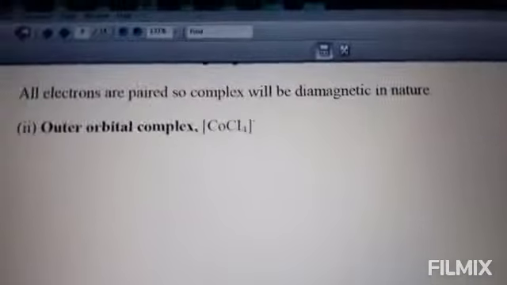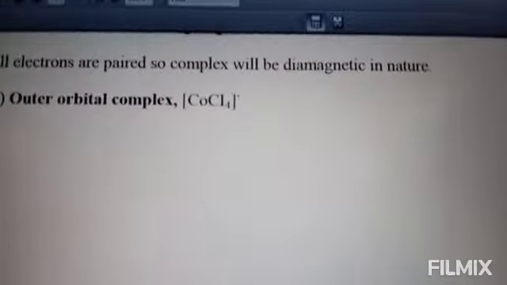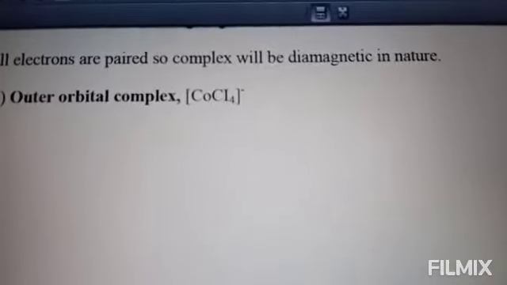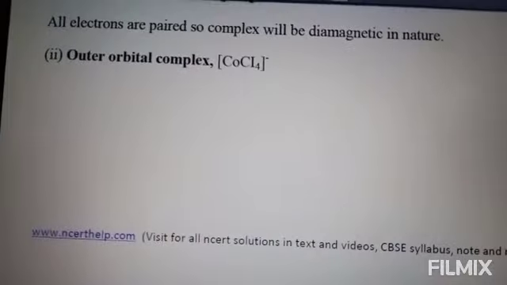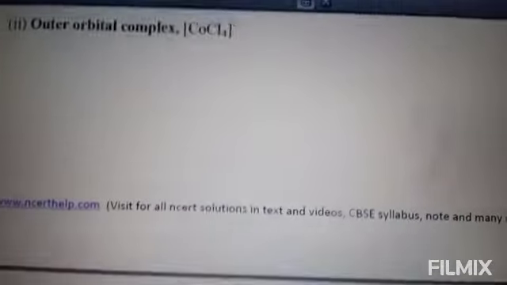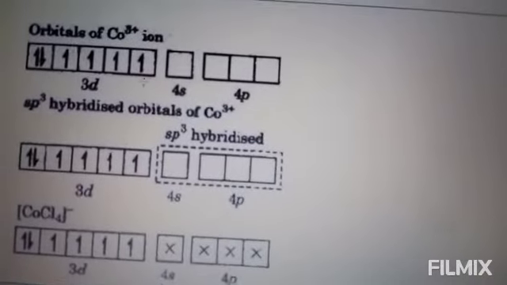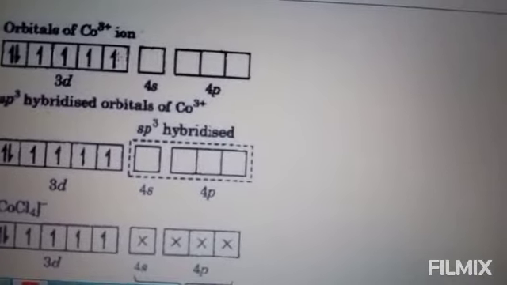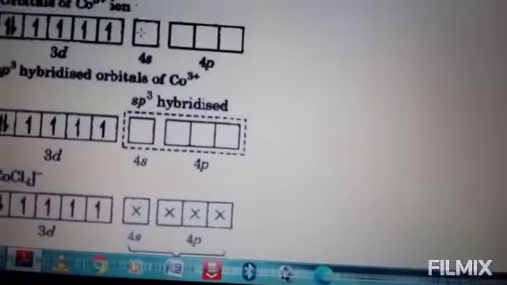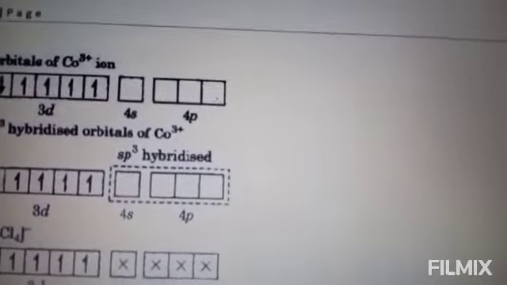Again, for the outer orbital complex [CoCl4]-, you can do it yourself and you can see the arrangement here. I will not explain, it is the same as before. Here 3d with 3 plus means the coordination number is 3, so you have removed 4s2, 2 electrons you have removed. Now we have 4 orbitals in the 4p. So 1 is from 4s.